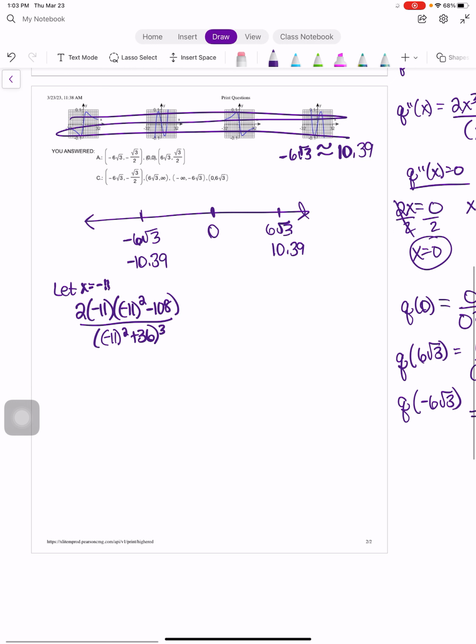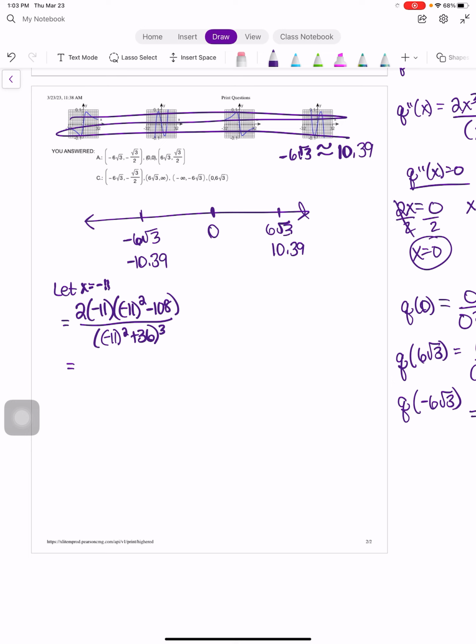Yes. Now, if I simplify that, I'm pretty sure that I can just put a lot of this right into our calculator. You can put this in Desmos if you want to.